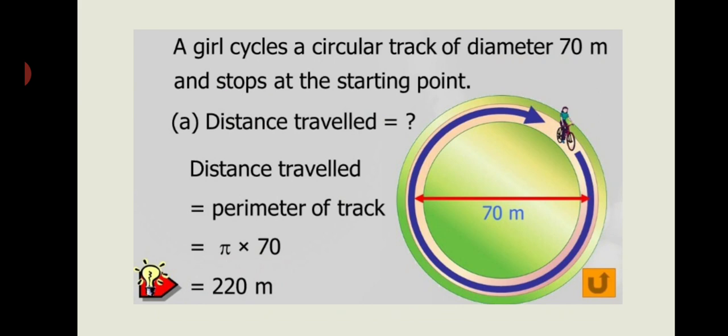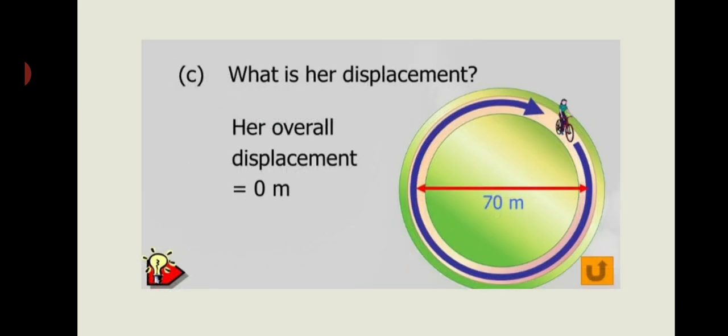Means the distance covered by that girl is 220 meter. But what about the displacement? While cycling on a circular path, the girl comes back to her initial position. Therefore, initial position and final position are the same because of the circular path. Therefore, displacement is equal to 0 meter.